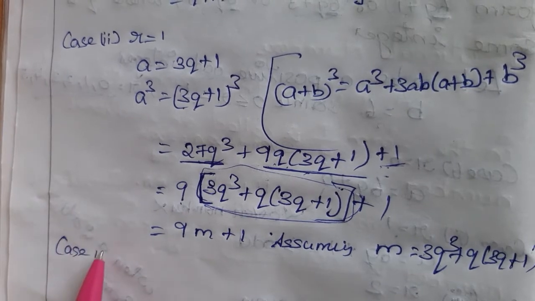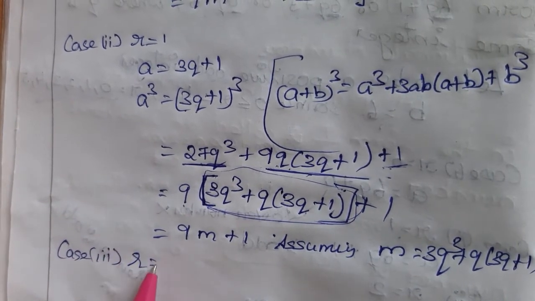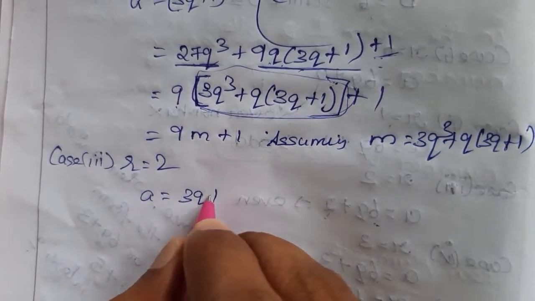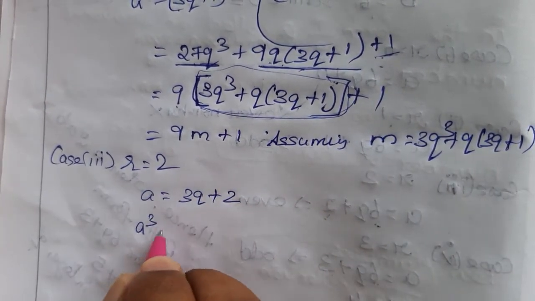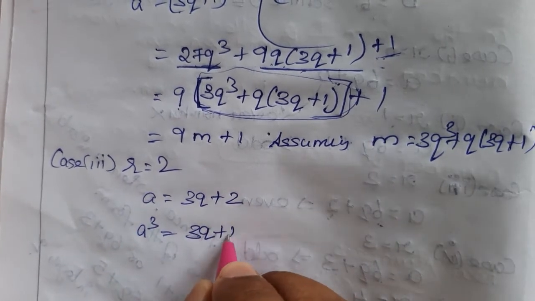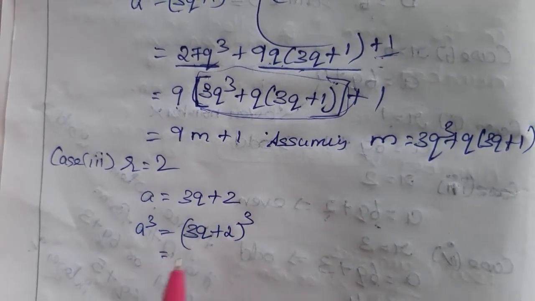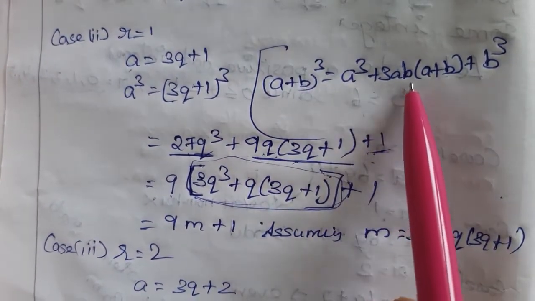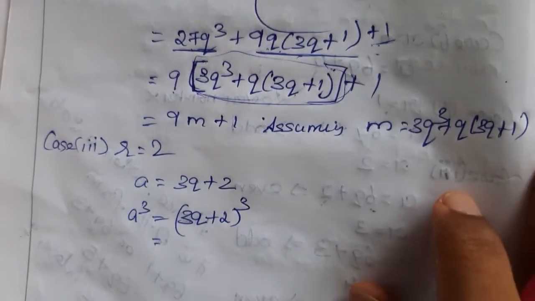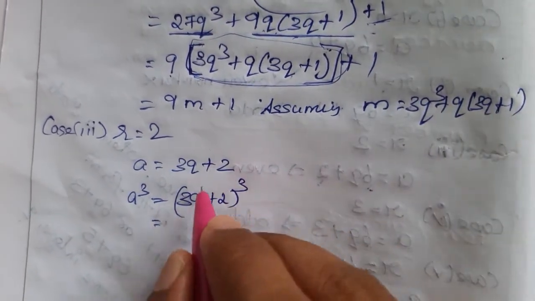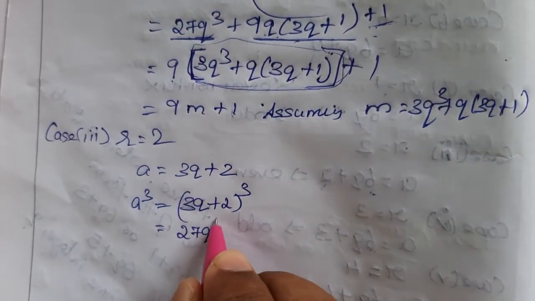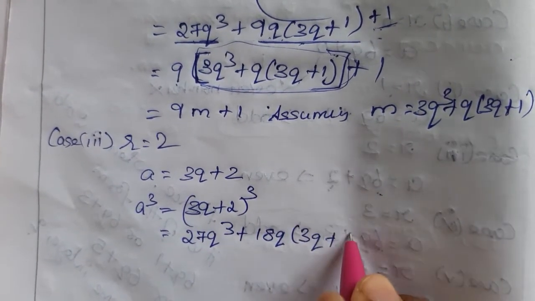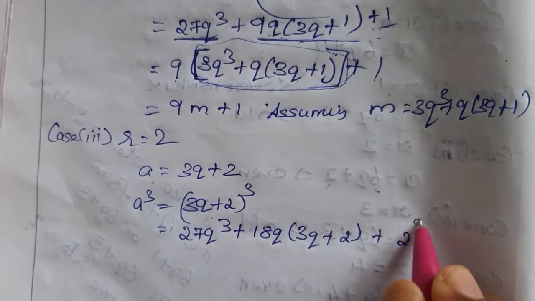Next we apply case 3, that is r is equal to 2. So a is equal to 3q plus 2. So a cube is equal to 3q plus 2 the whole cube. Applying the same identity, a plus b the whole cube is equal to a cube plus 3ab into a plus b plus b cube, we get 27q cube plus 18q into 3q plus 2 plus 2 cube.